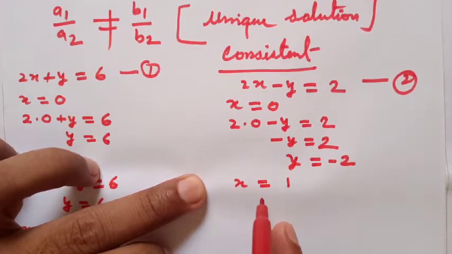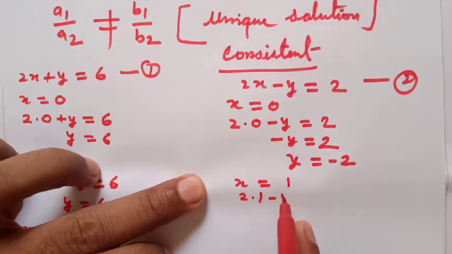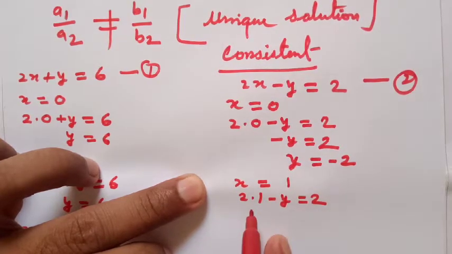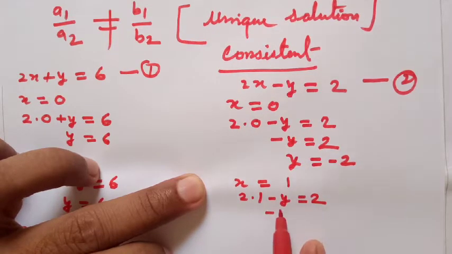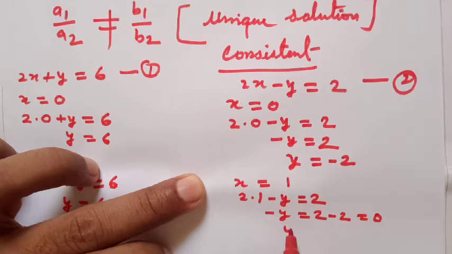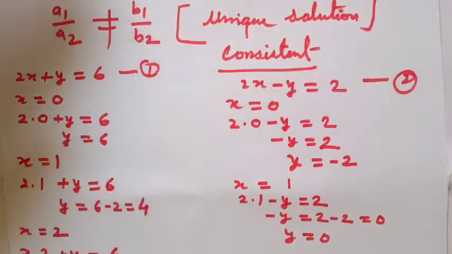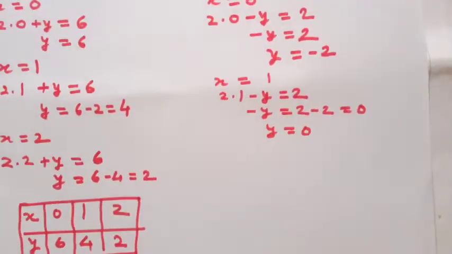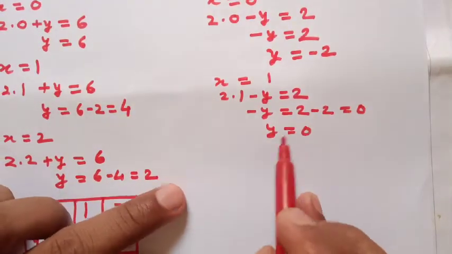Put the value of x is equal to 1: 2 into 1 minus y is equal to 2. 2 ones are 2, so minus y is equal to 2, and shifting to the RHS side, minus 2, that will be 0. So minus y is equal to 0, so y is equal to 0. Is there a value of minus 0? No. Now one more value we should get.